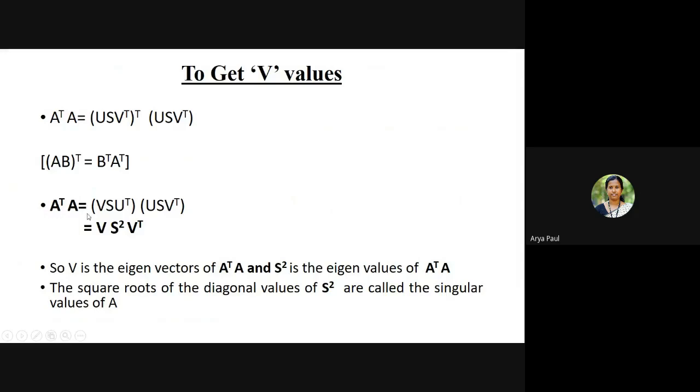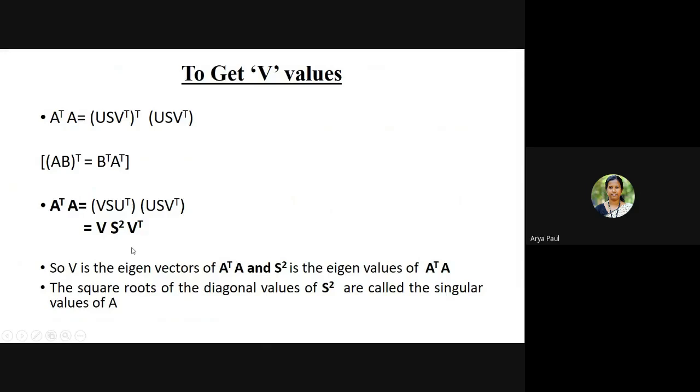Once again I repeat, V S, U transpose into U is I, so it reduces to V into S square into V transpose. You might know this relation: A transpose into A is equal to V into S square into V transpose. The form is like an eigen decomposition.